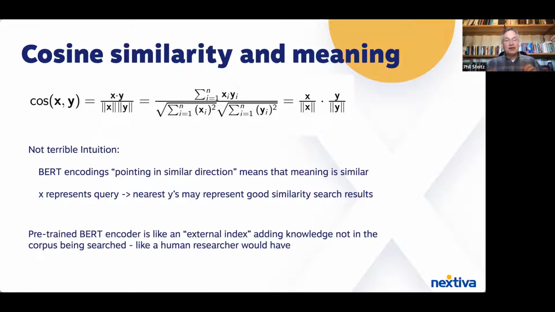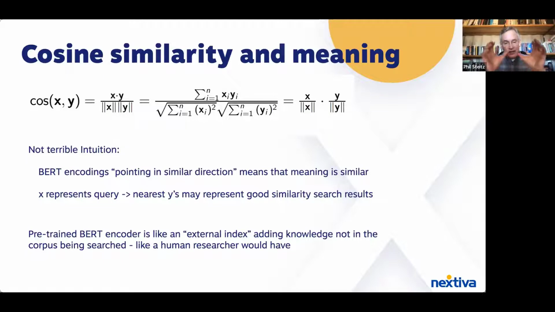A not terrible intuition is that BERT encodings that point in the same direction sort of indicate that the meaning is similar. This is very hand wavy, but the encodings can be thought of as representing the bidirectional orientation of the text within the larger block that it occurs in.